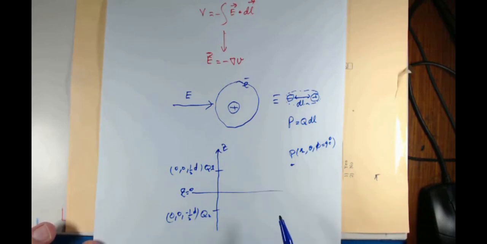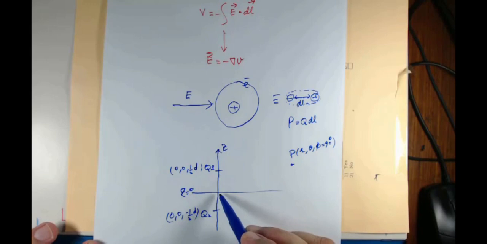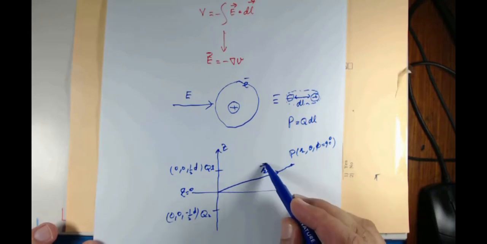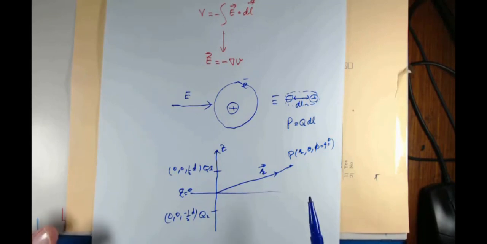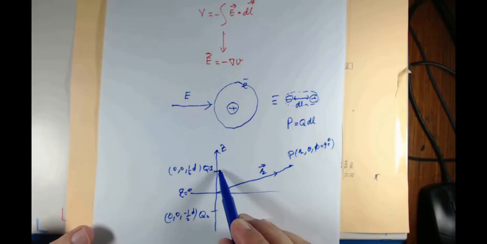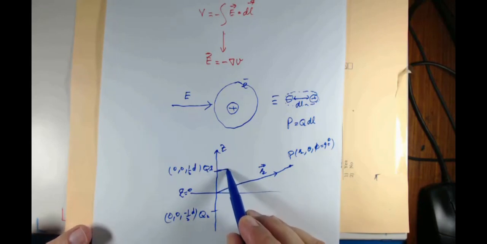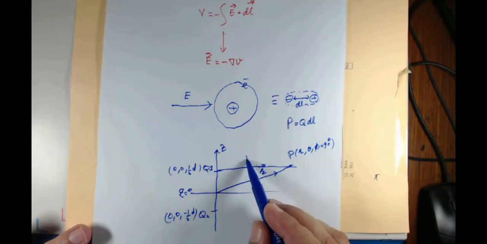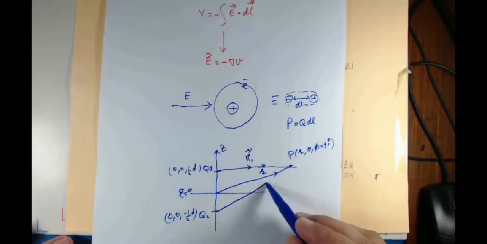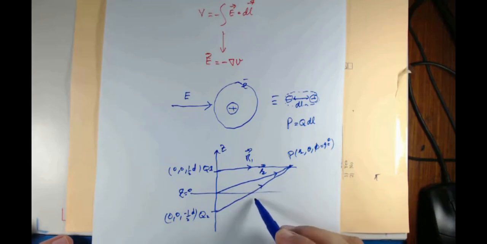This P point is located midway between the two charges at a distance small r, and the distance between the Q1 charge and P point is r1. Let r1 locate P point from Q1, and r2 locate P point from the Q2 charge.